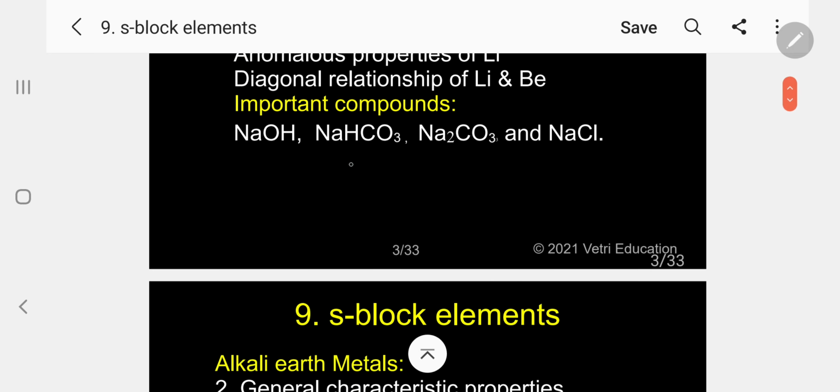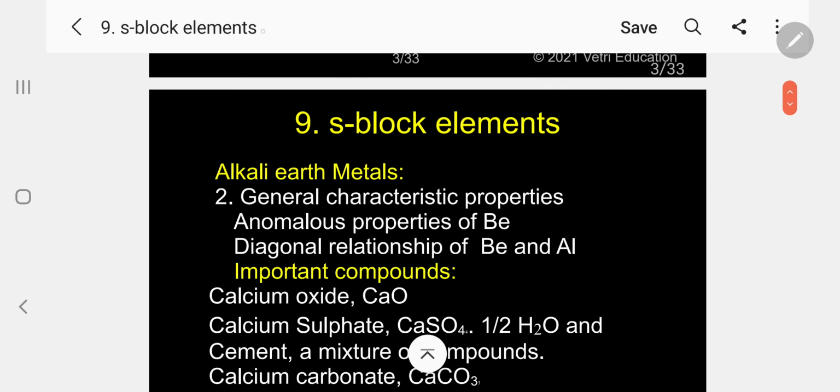So the next you have to go for the second group, that is alkaline earth metals. Under this, general characteristic properties, anomalous properties of beryllium, and the diagonal relationship between beryllium and aluminium.